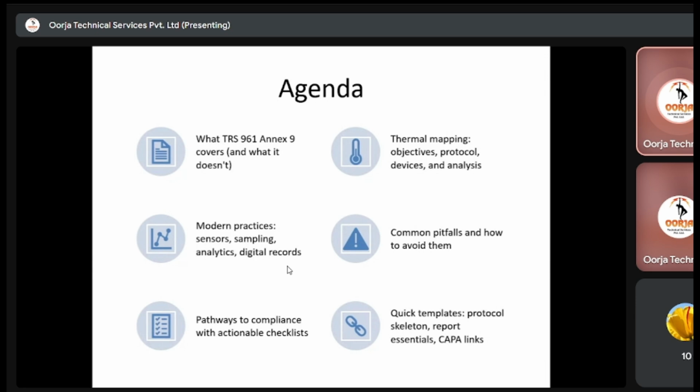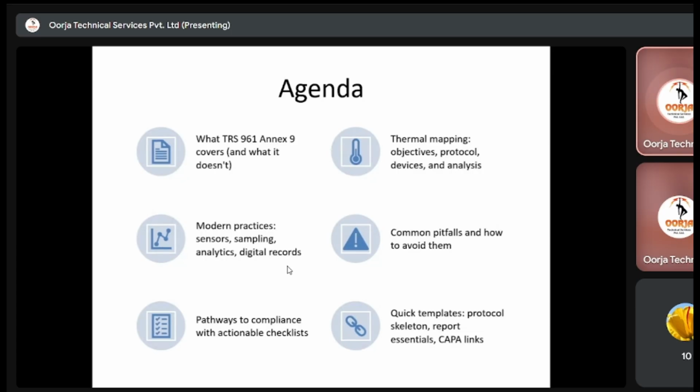Next, we will dive into the core of the topic, that is thermal mapping itself. We will discuss the objectives, the critical role of the protocols, the devices, meaning data loggers, we use, and how to approach the analysis part.